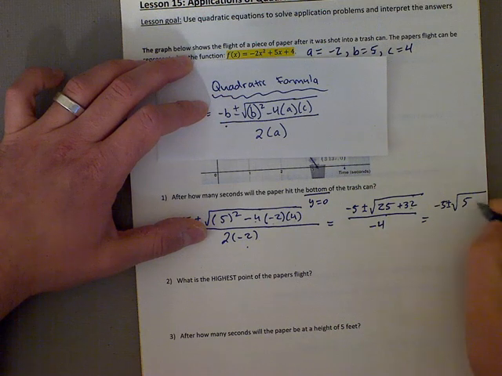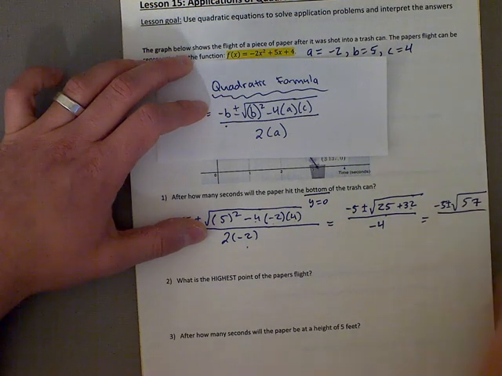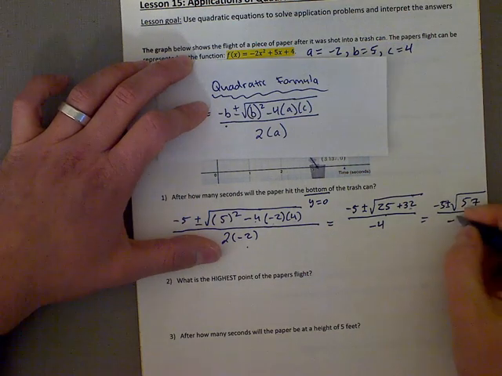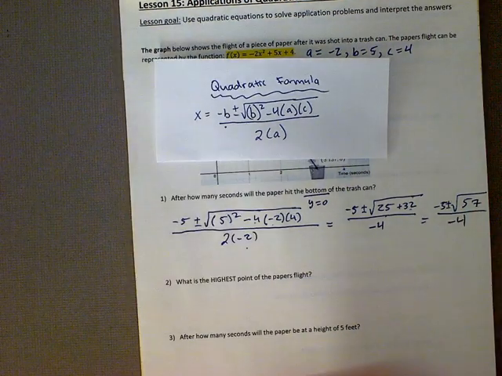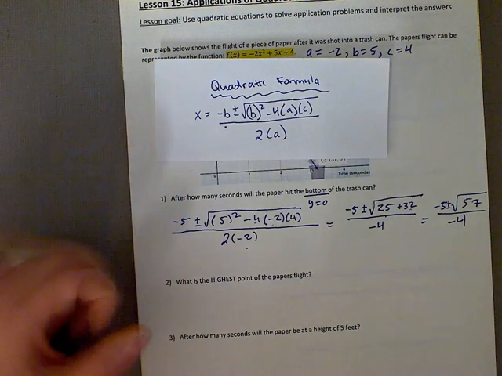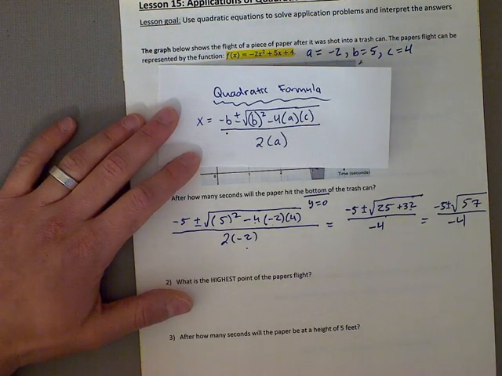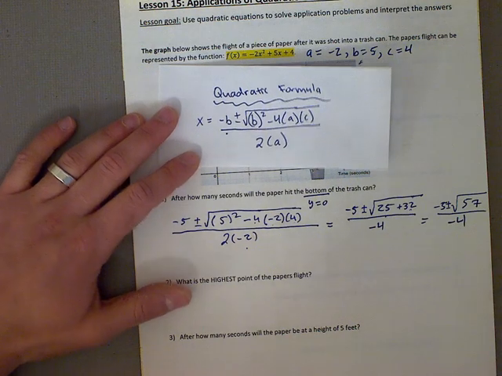Square root of 57 all over 2a, or as we said in the previous step, negative 4.